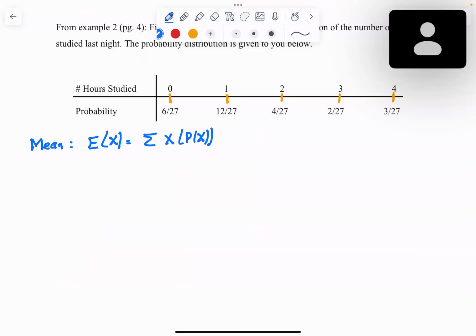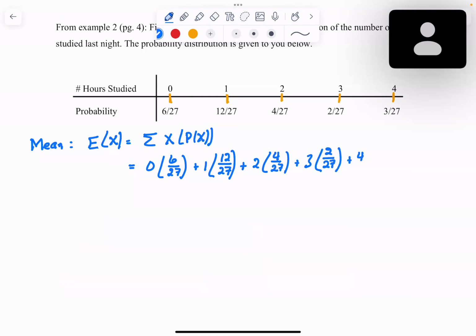I would take 0 times 6 over 27, plus 1 times 12 over 27, plus 2 times 4 over 27, plus 3 times 2 over 27, and then plus 4 times 3 over 27.